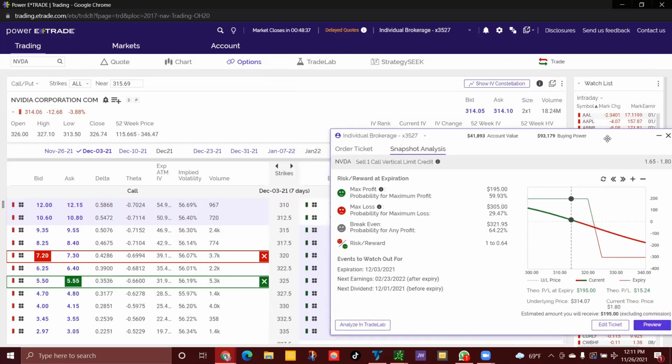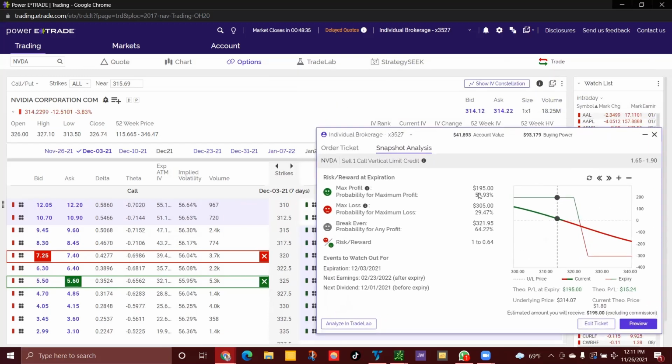All right, so this is what our analyzer shows us. Our max profit on this contract is $195, just under $200 per contract. So every contract we buy, we are guaranteed almost $200 as long as it stays below 320 next week. You get that?